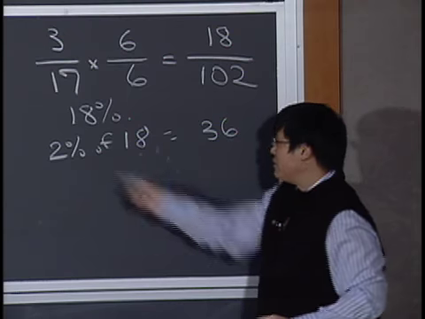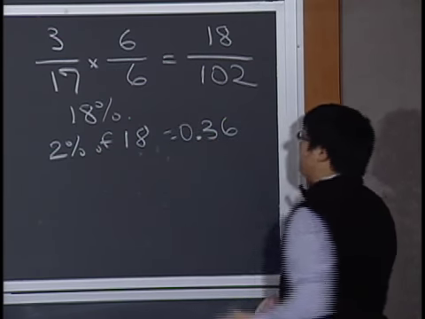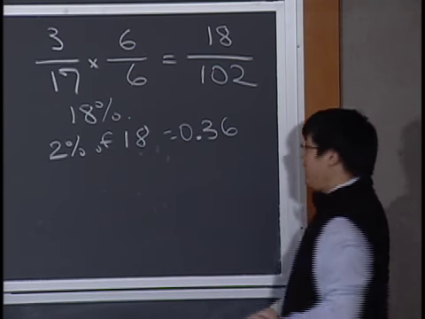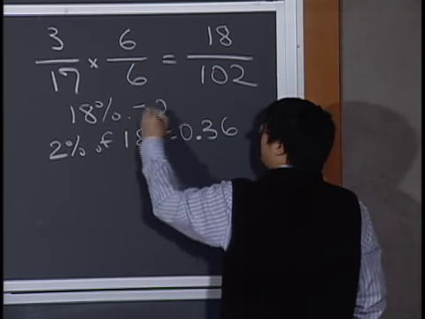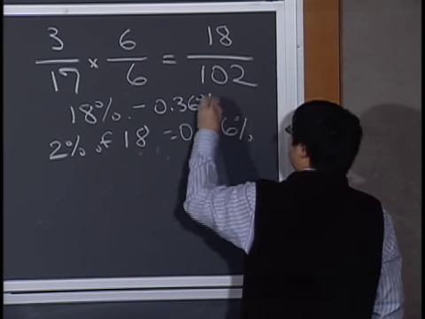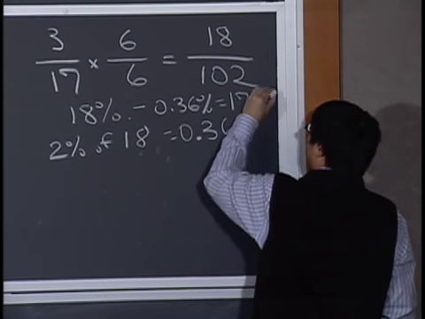And since we're taking a percent, then we move the decimal point by 2 units, so we get 0.36. So if we reduce 18 by 0.36%, we will get 17.64.